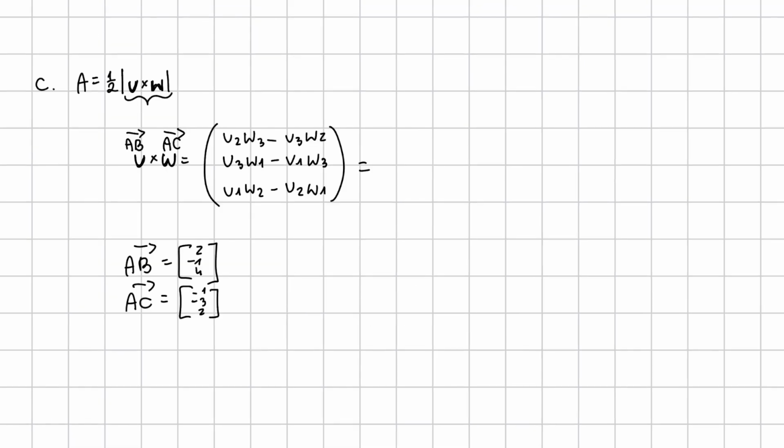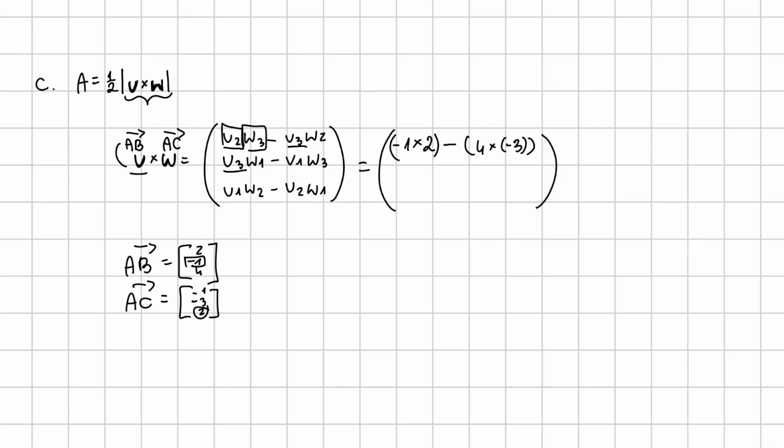So we have our vectors, and now it takes a lot of time, however we have to do it manually. Here is our first vector AB, so we take the second value, -1, times W3, so times 2. Then we subtract, everything in the brackets, V3, so 4 times W2, so -3.